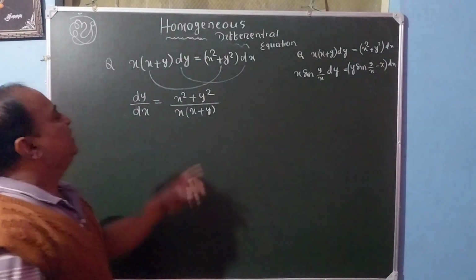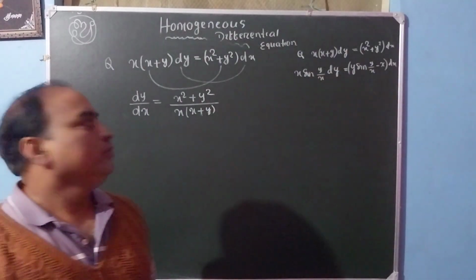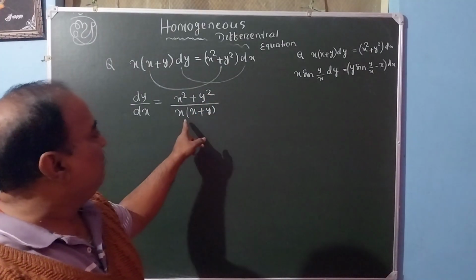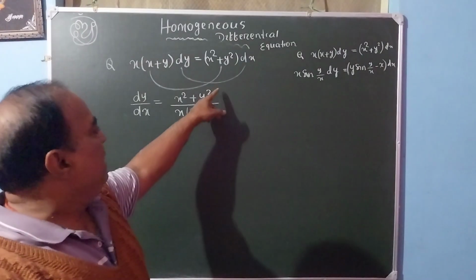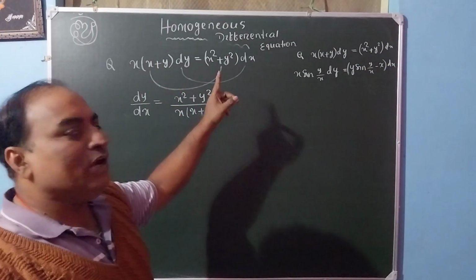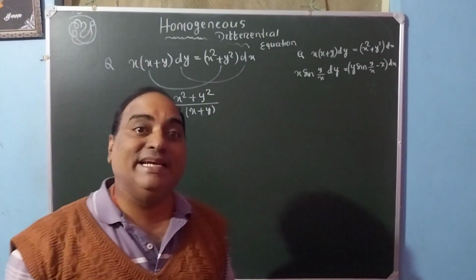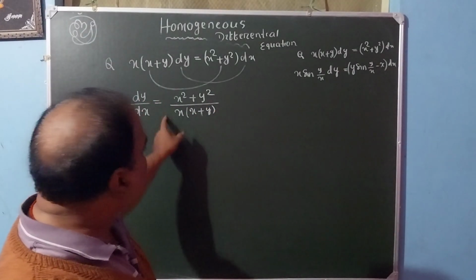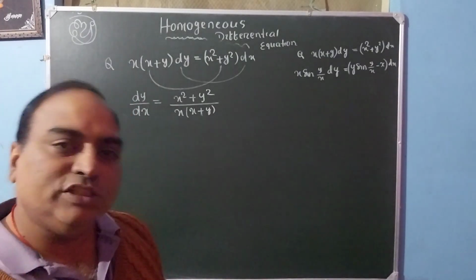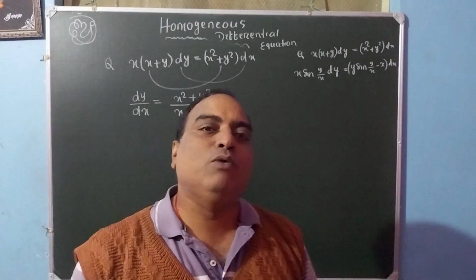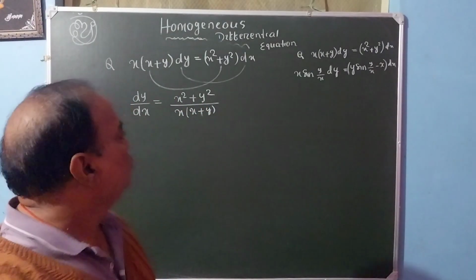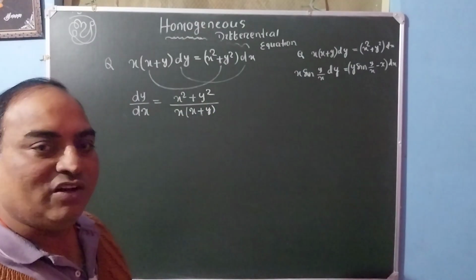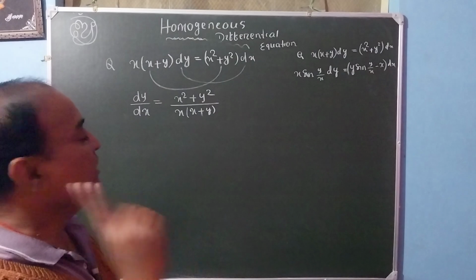This is in the form dy by dx is equal to M(x,y) by N(x,y). M(x,y) is a homogeneous function in x and y of degree 2, whereas N(x,y) is also a homogeneous function in x and y of degree 2. So this is a homogeneous differential equation of degree 0.